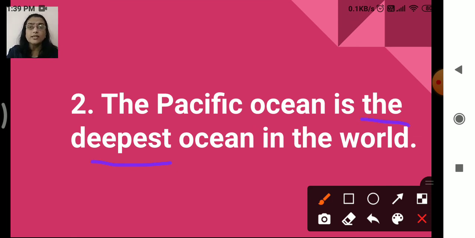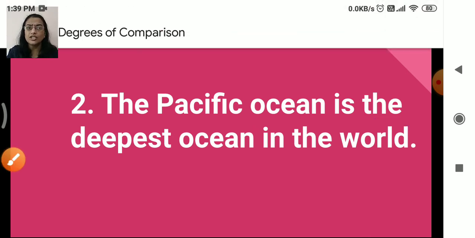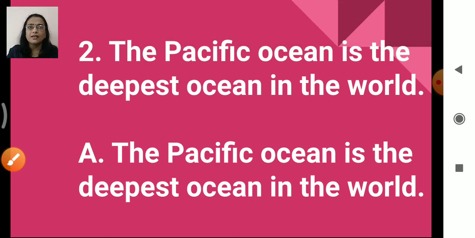So now what is the correction to be done here? What do you think? Is there any correction to be done? Let's check out the answer. No. So the Pacific Ocean is the deepest ocean in the world is the correct sentence. So there is no need of doing any correction. So we'll just write the answer as it is. Okay, the way the sentence is given, we'll copy the same.